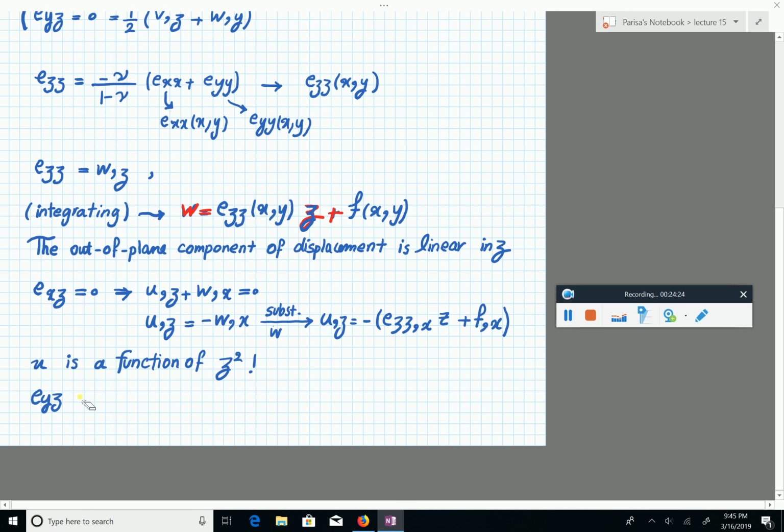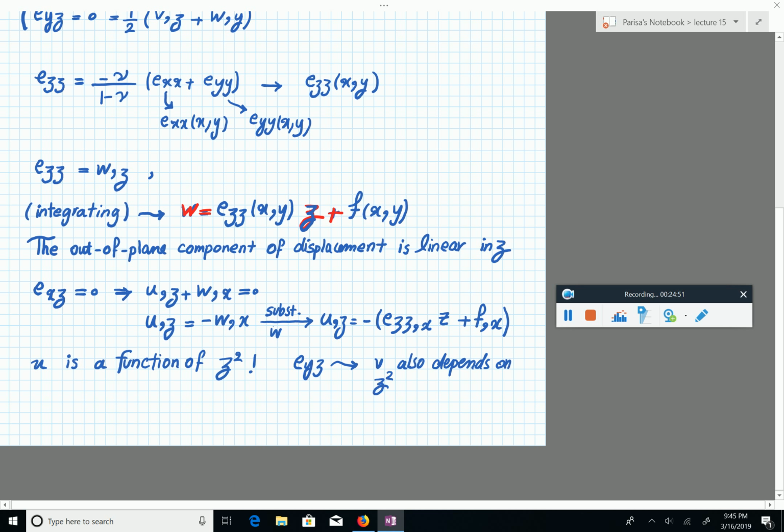We write this here. So if you look at eyz, we'll see that v will also depend on z squared.